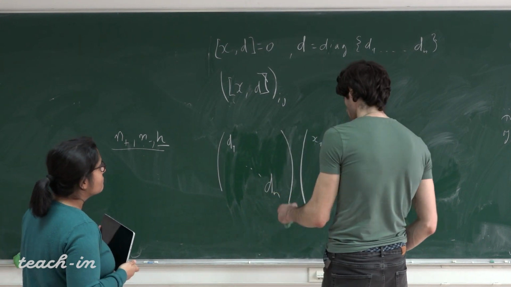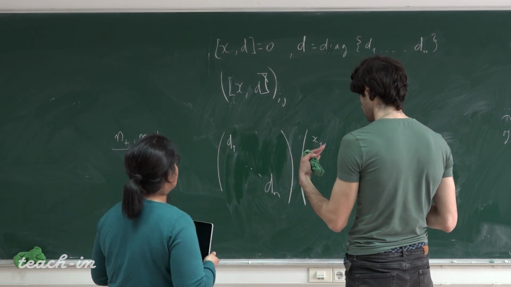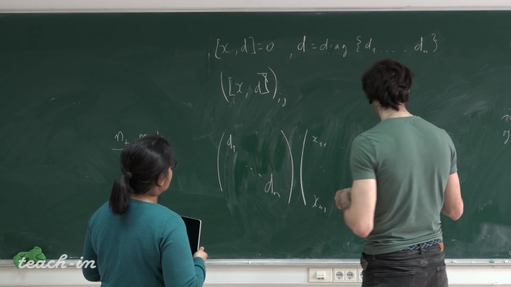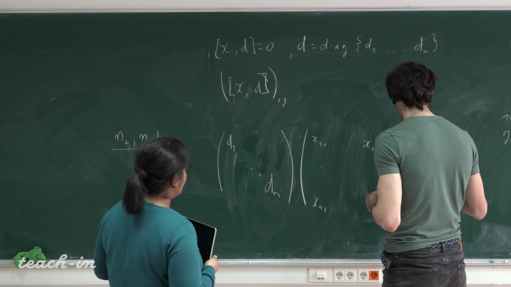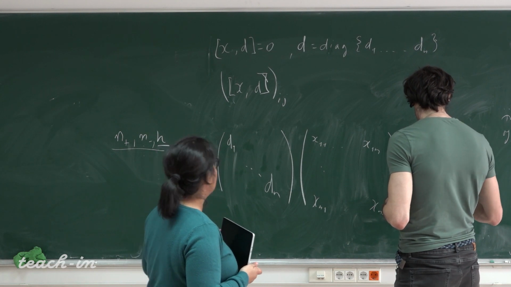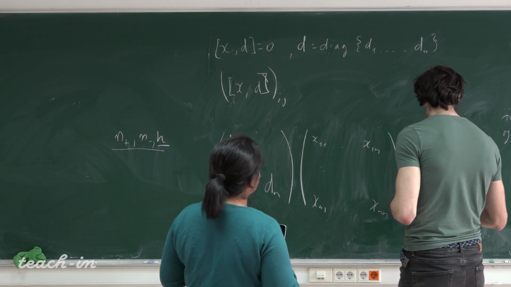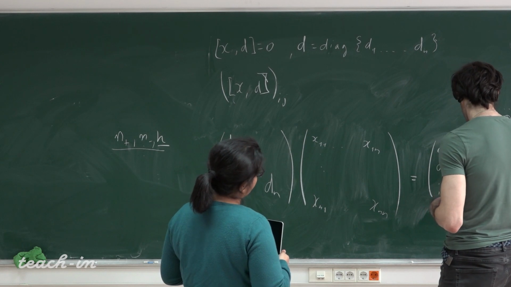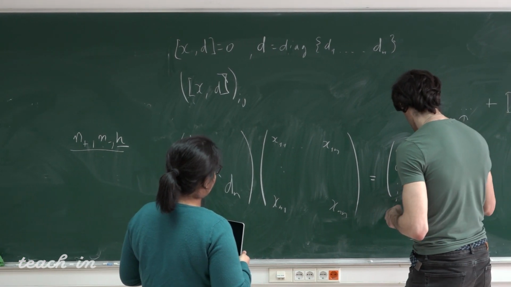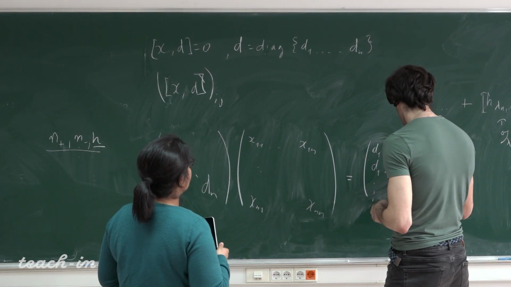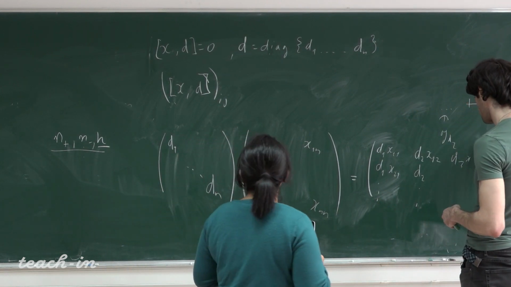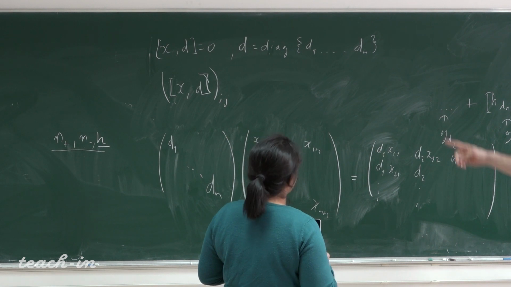From the left, I will have d1 x11, d1 x12, and so on, and here d2 x21, and so on. Here I multiply rows by these.